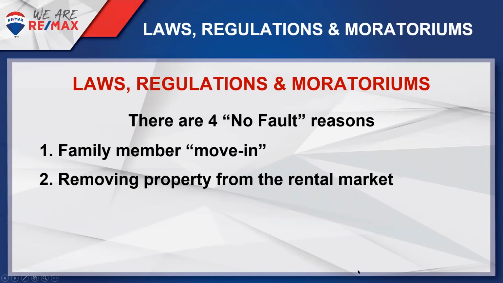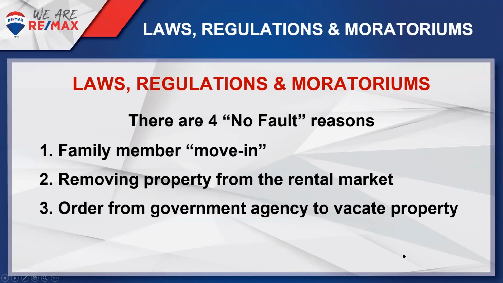I can give them a 60-day notice unless I'm in contract with a prospective buyer who's going to occupy the property, and the buyer is not a corporation. Then I could give them a 30-day notice. But otherwise, I give them a 60-day notice just to get out, and then I have the property vacant so that I can take it off the rental market and sell it in the sales market.